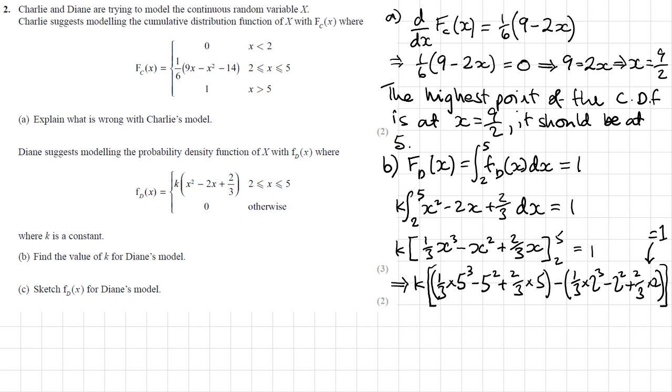So if we evaluate what's in the brackets, the first bracket will give us 20, the second bracket will give us 0. So we basically end up with 20k is equal to 1, which means that k is equal to 1 over 20.